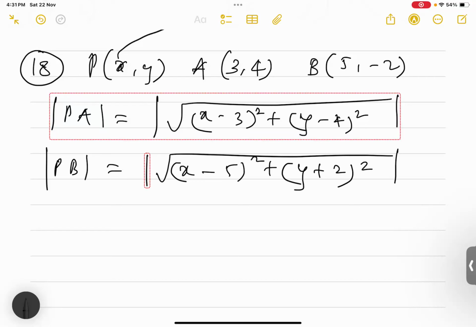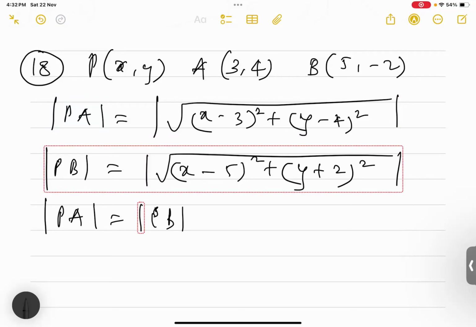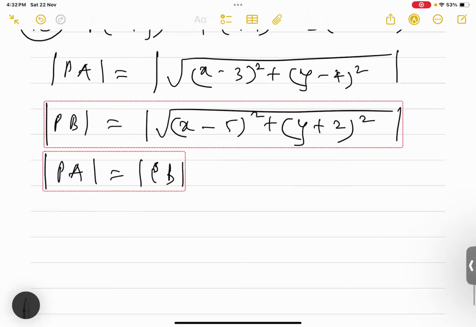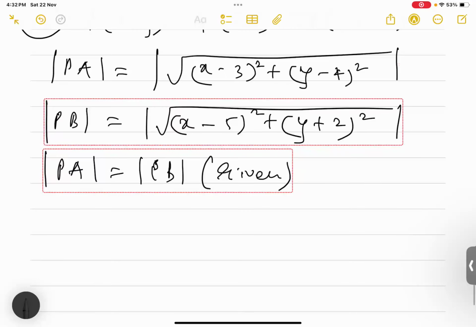This minus this the whole square, this minus this the whole square. Now both the distances are equal. Modulus only indicates that the distance cannot be negative. This is given to us. Now equate this.